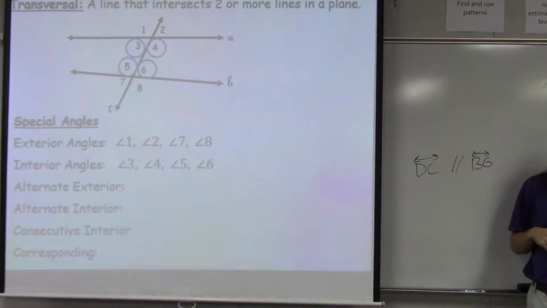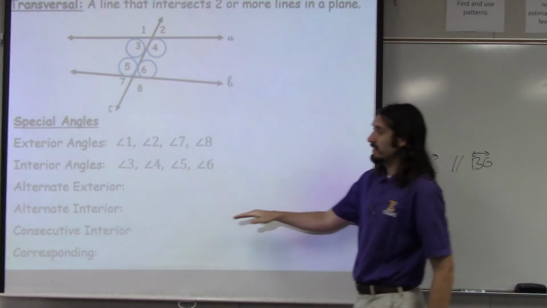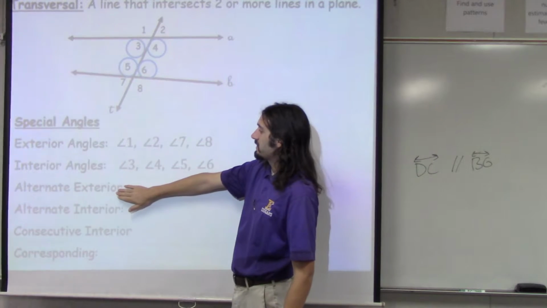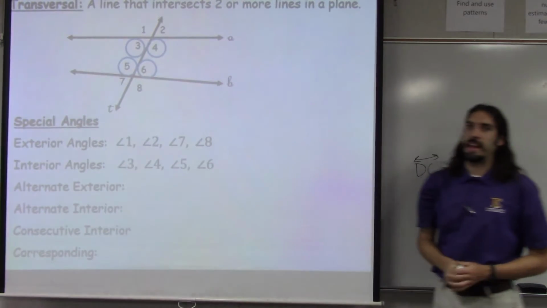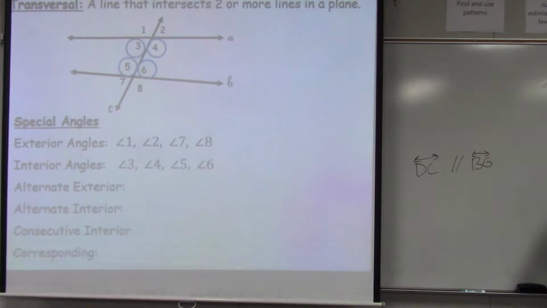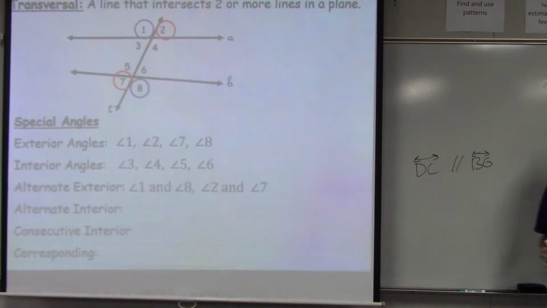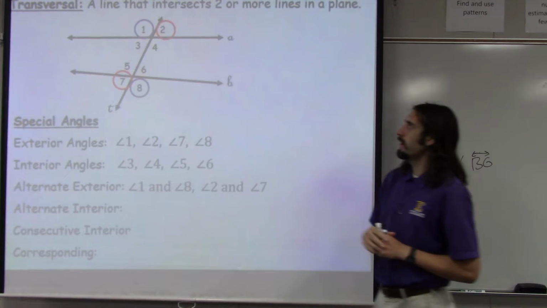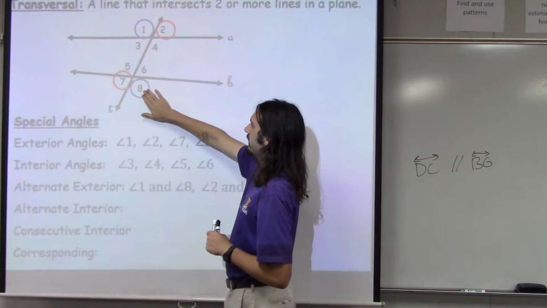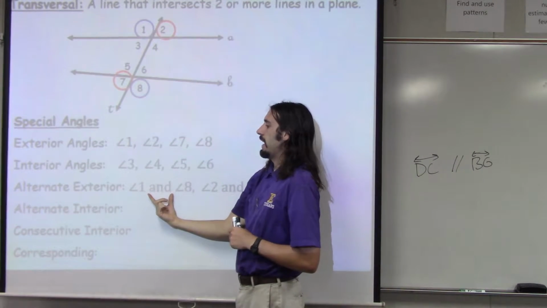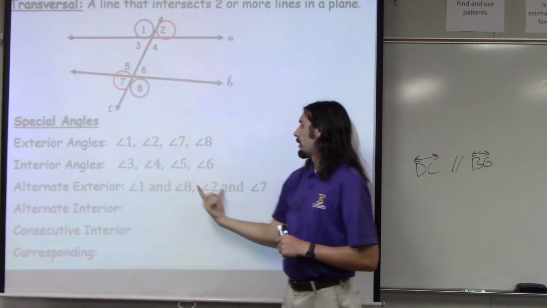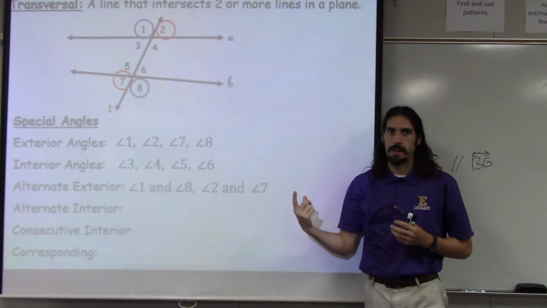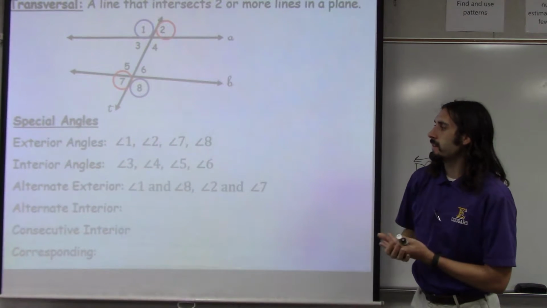Now let's try to put it together. Alternate exterior. Okay, the exterior piece we know refers to the 1, 2, 7, and 8. Now if we want to try to make alternate, we now have these pairings. Okay, 1 and 8 are a pair of alternate exterior angles. 2 and 7 are a pair of alternate exterior angles. And what I want you to think about is this.